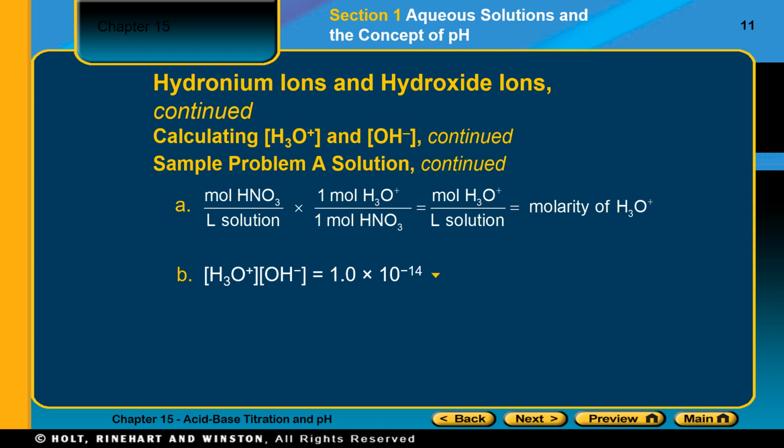And we know that the H3O+, the hydronium ion concentration, times the OH negative, the hydroxide ion concentration, that product is always 1.0 times 10 to the minus 14. So we can figure out the OH negative concentration by doing nothing more than taking my answer to A and dividing 1.0 times 10 to the minus 14 by that answer.